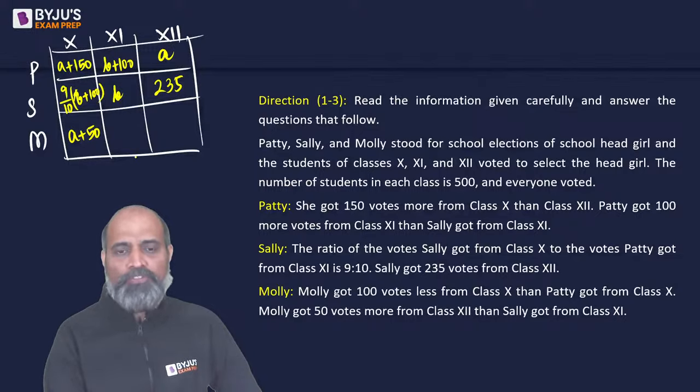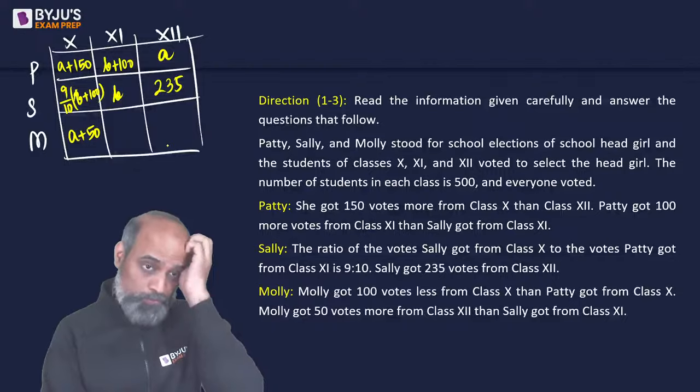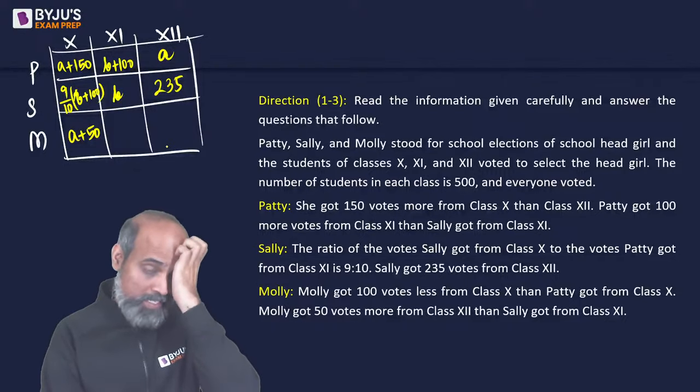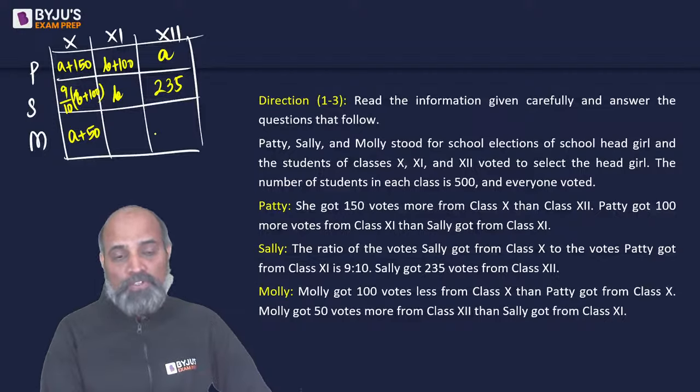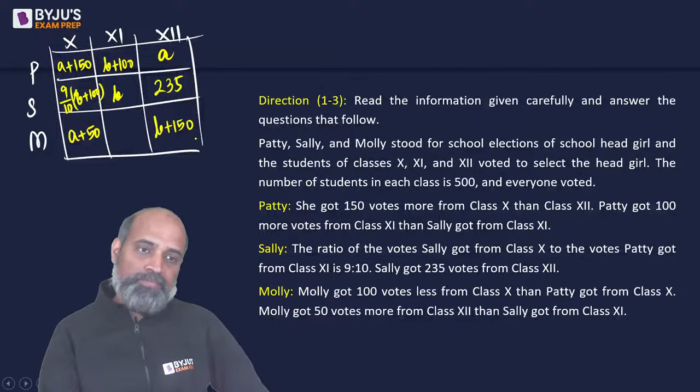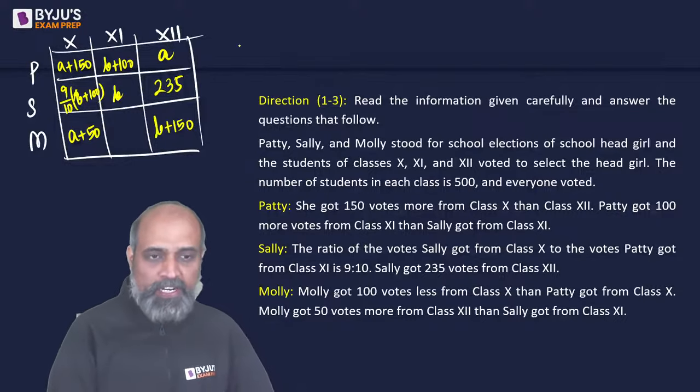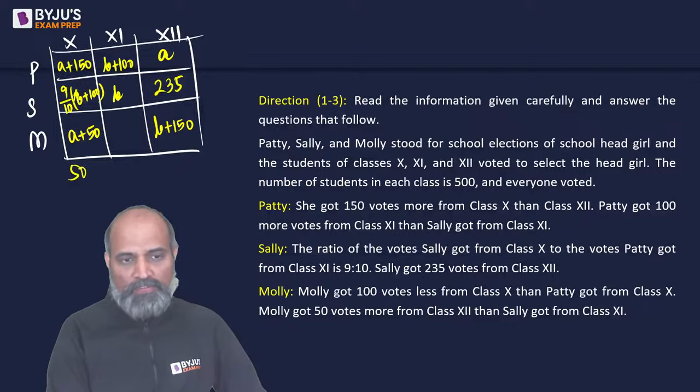And Molly got 50 votes more from class 12th than Sally got from class 11th, so this is B plus 150. Now, if we write down the equation, each one is 500, remember?